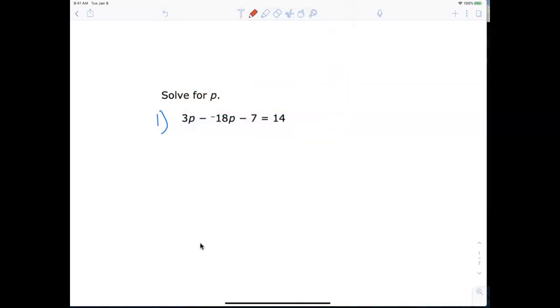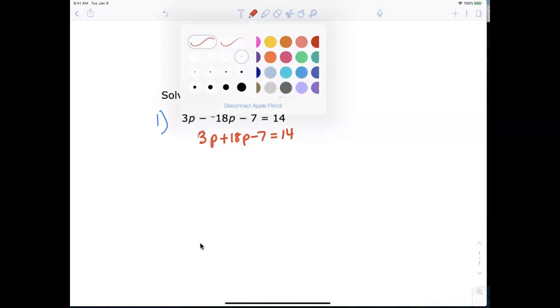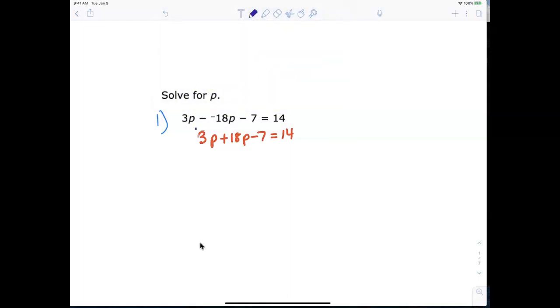Okay, so what I want to do is solve this multi-step equation. Generally that calls for combining like terms. The first thing we want to remember is that the double negatives make a positive. So we're just going to go 3p plus 8p minus 7 equals 14. Now we combine terms, 3p and 8p. These added together make 21p minus 7 equals 14.